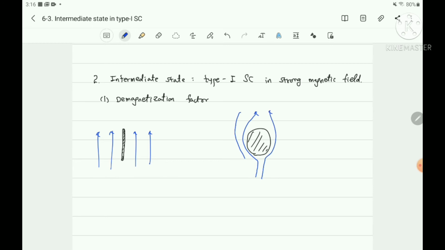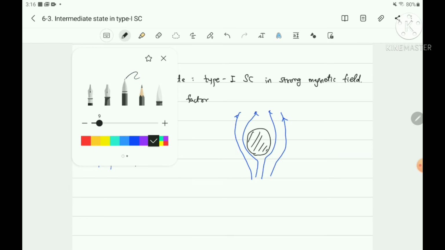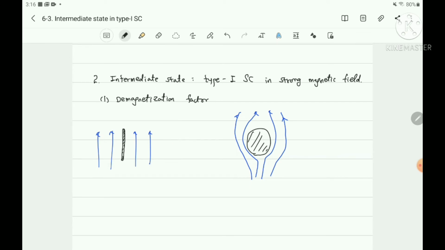the magnetic field is deviating through the sample, and therefore we can say that the magnetic field effect depends on the shape of the sample.